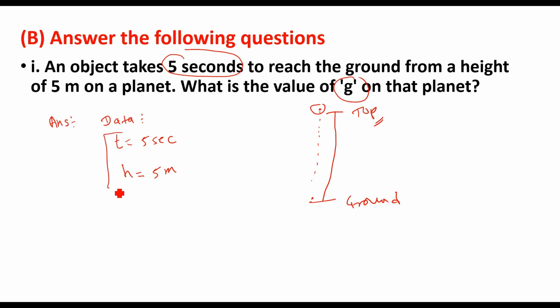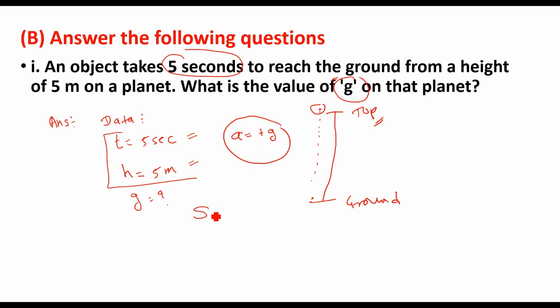You are provided with t and H, and you have to calculate the value of g. Because the object falls under gravitational force, we assume a is equal to plus g, and when you write the data, the plus sign should be reflected there.